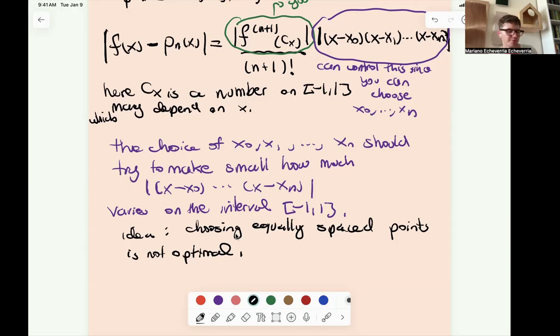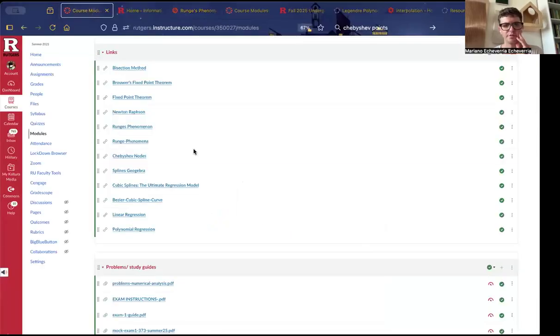Of course, explaining why that happens is a little more complicated, above the capacities of this course. I did post something on Canvas, let me see if I can show you quickly. For those who are curious and maybe have taken more advanced math classes, it could be readable.